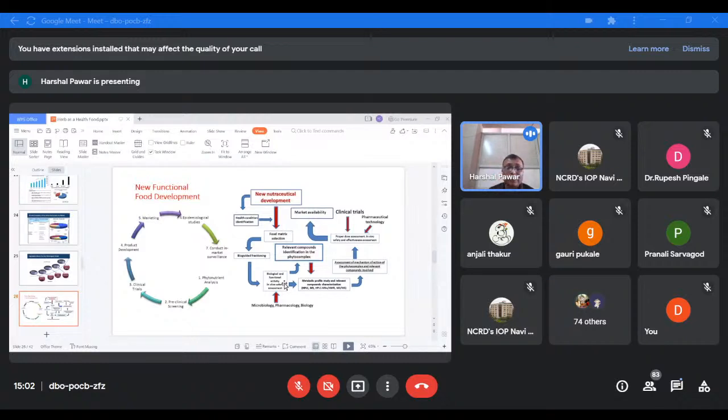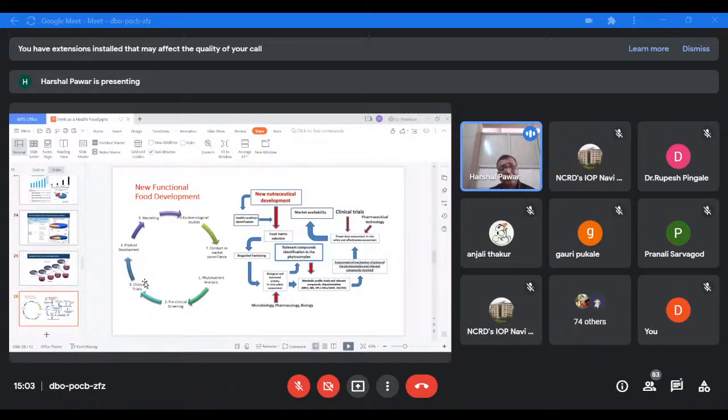Once you have isolated those constituents from that particular extract, you need to evaluate those extracts or components in animals for their activity as well as toxicity. That is called preclinical screening, right? So you will do certain studies with regards to health benefits, safety, and toxicity in animals. This is followed by carrying out studies of the same product in humans, right? Those we call clinical trials.